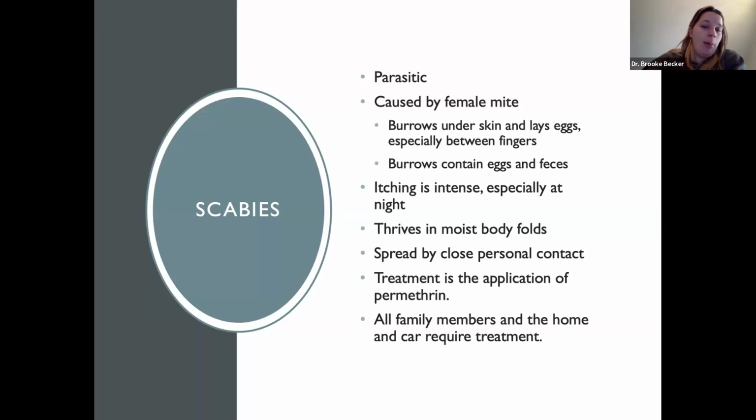Okay, so this is going to be a topical. And everybody in the house needs treated. Okay. And the car. So they make some things that you can buy for car treatment and home treatments. Usually you treat them once and then you wait a week, just like with head lice, and then you treat again. Okay.